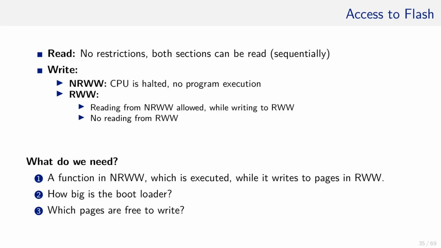However, the no read while write section is shared with the bootloader. That means we have to know how big the bootloader is, or in other words, what the fuse settings are. If the entire section is occupied, then we have bad luck. Except if there is an updated bootloader which is smaller in size.